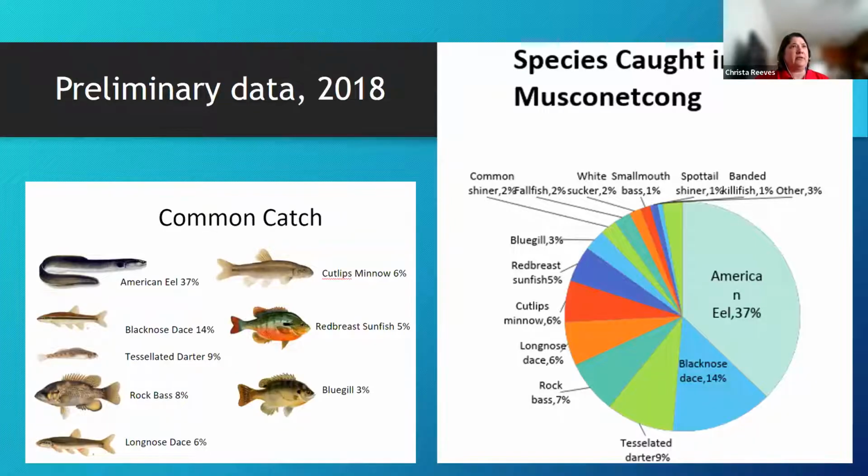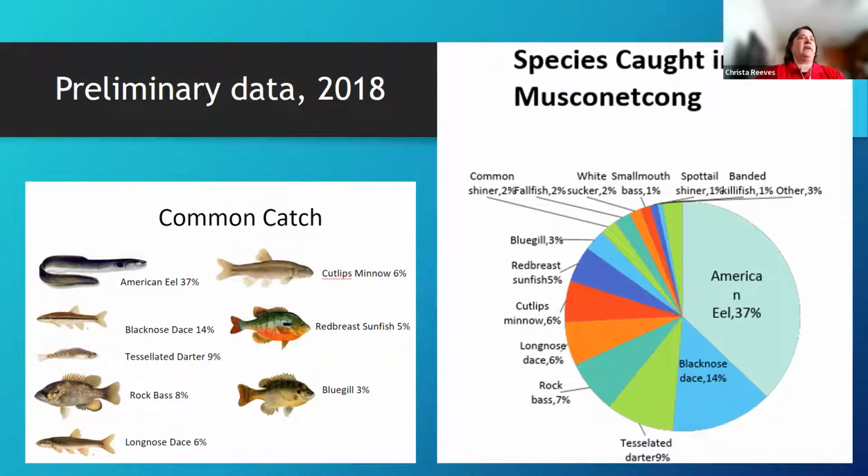But from the preliminary data, here's the common catches, and then a pie chart here of how that broke down. As we can see, we have tons of American eel, which is extremely encouraging since they do migrate up from the ocean.